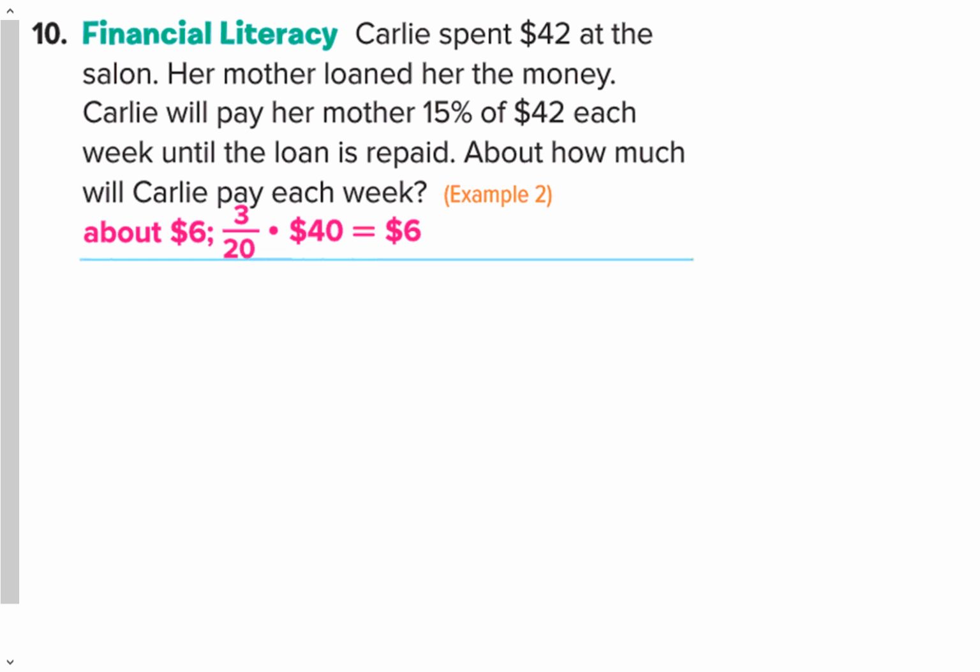All right. Here's example number 10. Carly spent $42 at the salon. Her mother loaned her the money. Carly will pay her mother 15% of the $42 each week until the loan is repaid. About how much money will Carly pay each week? So you actually want 15% of 42. 15% is pretty good, and I would round the $42 to about 40.